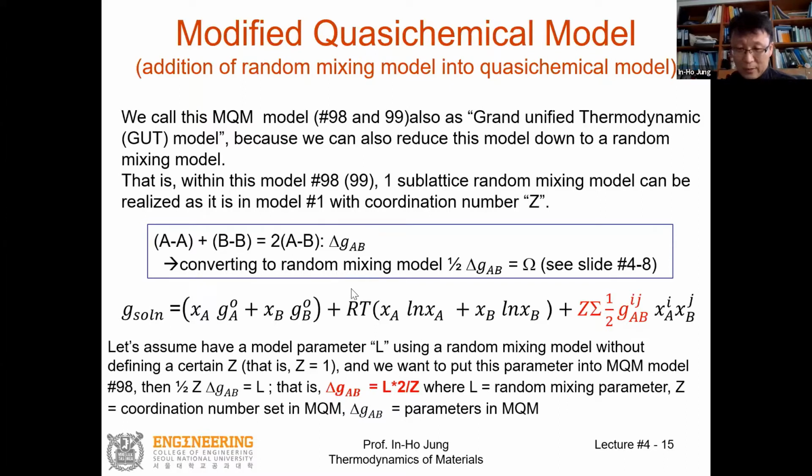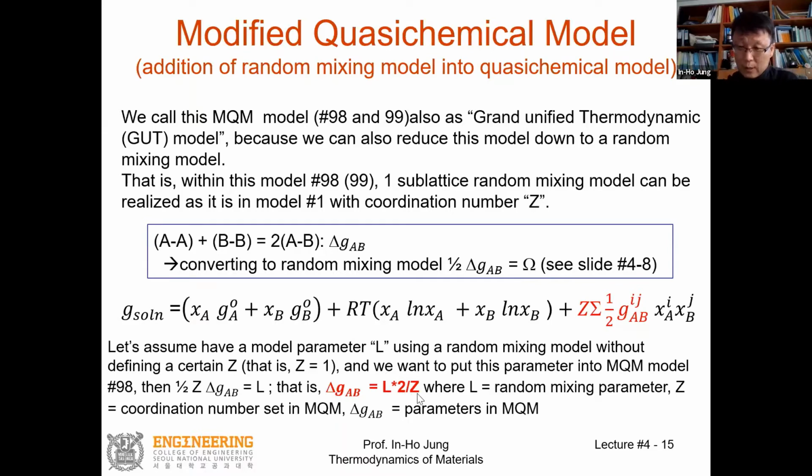So in the end, to make a long story short, when you have an L parameter in the random mixing model and you want to convert that L parameter to the quasi-chemical random mixing parameter, you have to multiply L by 2 and then divide by the Z number.